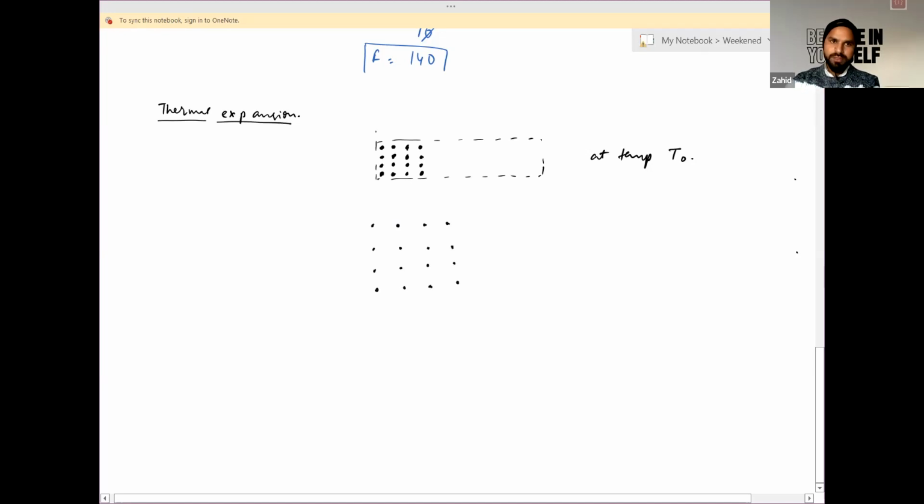Initially it was about this much length, but now on increasing temperature, it will become this. Initially, the width of this rod was this length, and now it has this much width. So you can say on increasing temperature, the thermal kinetic energy of particles increases, so separation between the particles increases, hence the solid or substance expands.